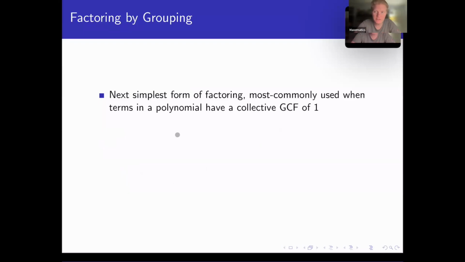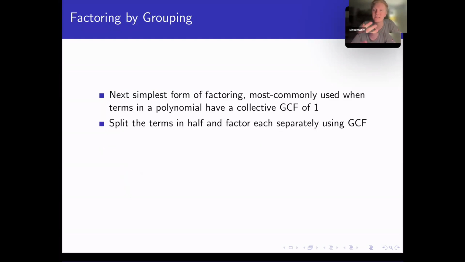Well, after GCF, the next simplest form of factoring is factoring by grouping. And we're going to do a lot of factoring by grouping in the next type of example. So we're only going to do one example here, but let me explain what's happening. If all of the terms in our polynomial have a collective GCF of 1, what we can do is split the terms in half and factor each pair separately, or each half of our polynomial separately.